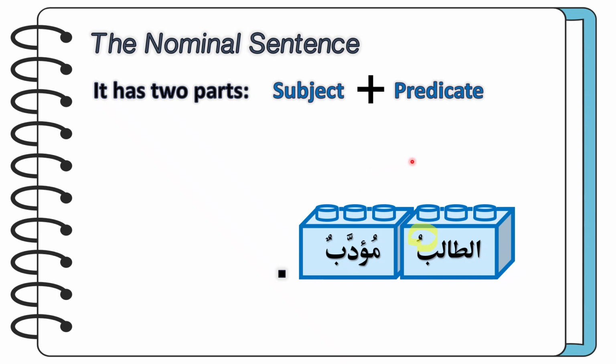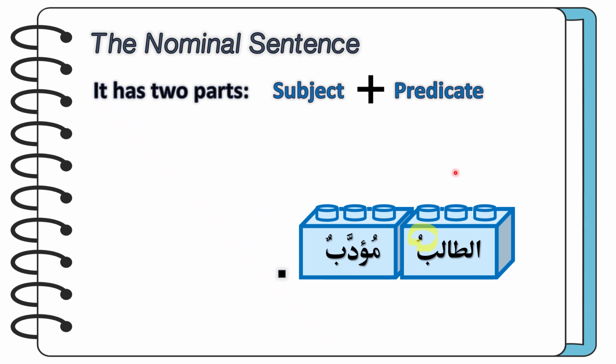The subject, of course, should be definite because this is the stem of the sentence. This is the base of the sentence. And you're giving information about this subject. So we're talking about الطالب, the student. So you need to know who you're talking about or what you're talking about. It has to be definite. So it's a noun, but it should be a definite noun.